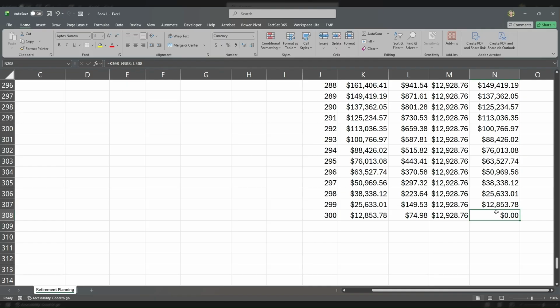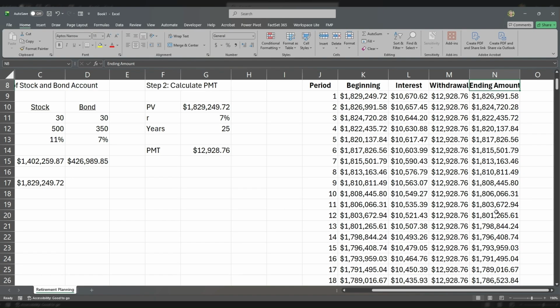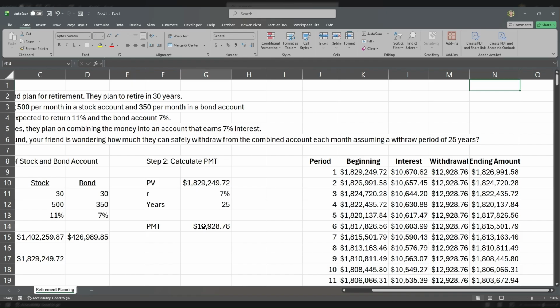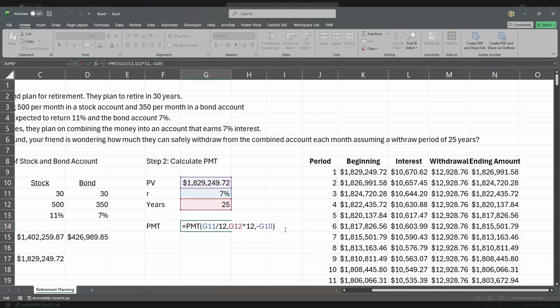Now, the reason I wanted to do this was because it leaves 0 margin for error. So perhaps instead, they want to have some amount of money saved over. Let's say they want a margin of safety of, I don't know, 150,000.